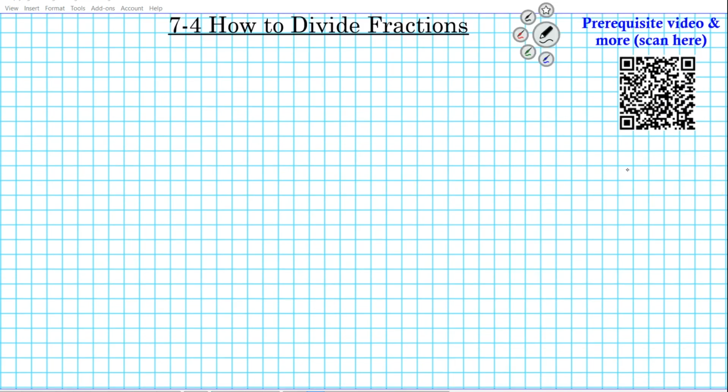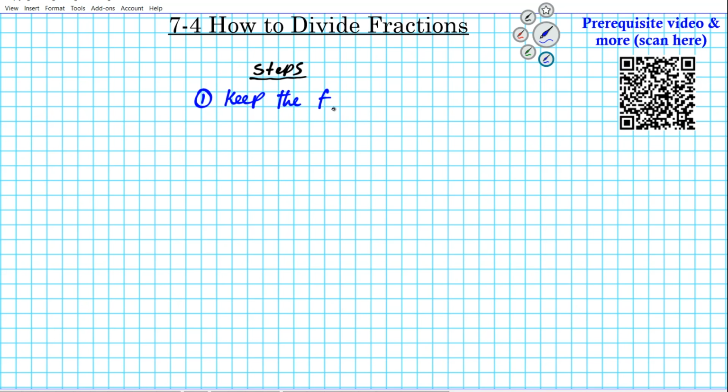Alright, to get us started, we're going to go over the steps that are going to guide our problem solving process for dividing fractions. So let's go ahead and write down the steps. When you're dividing fractions, the first thing you want to do is keep the first fraction. You have to ensure that they're both fractions.